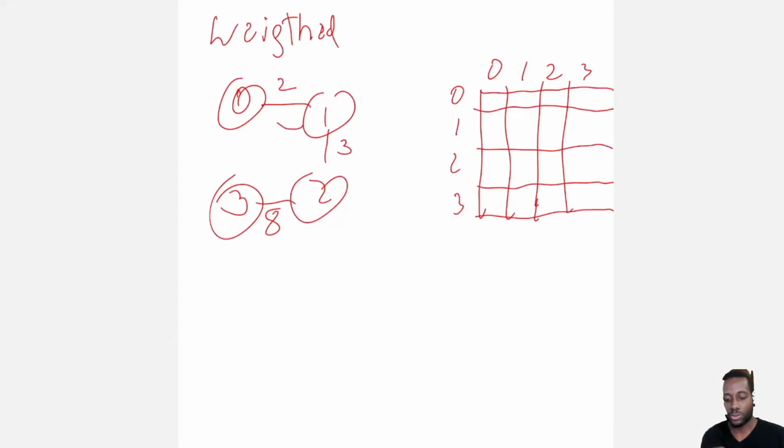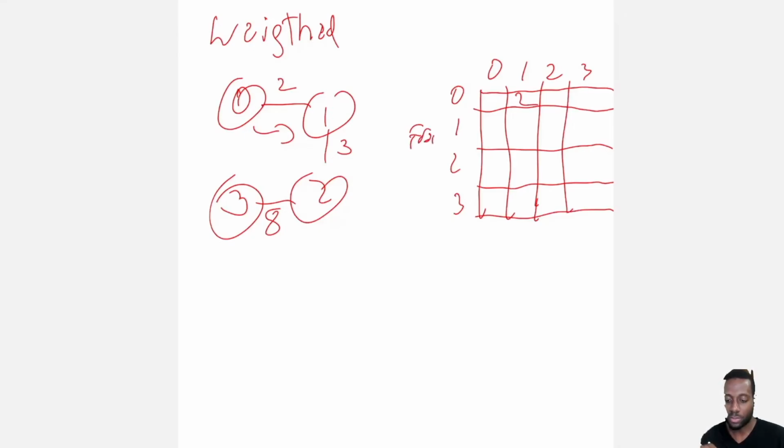It's bidirectional, so make sure you understand that. Now we can go from 0 to 1, so we're gonna draw that. You're probably saying put a 1, but nope. Now we also take into account the cost, so we would put a 2 to go from 0 to 1.